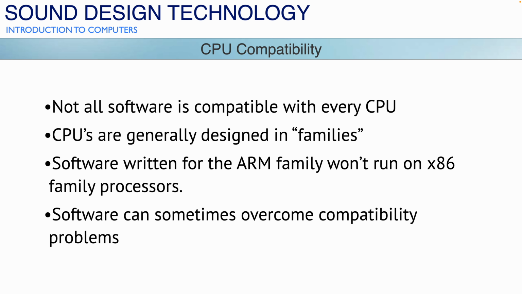But whichever one you decide to use, that is going to dictate what kind of software you can run, because not all software can run on every computer, except for when you write software to make the software work, which is all the rage these days now.